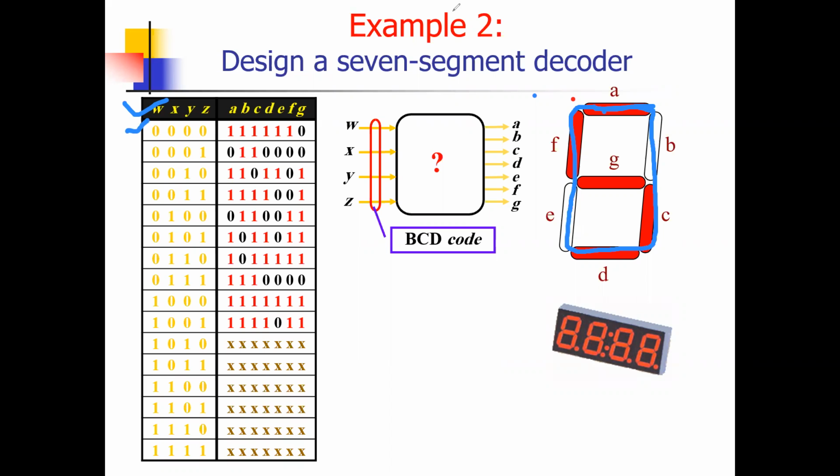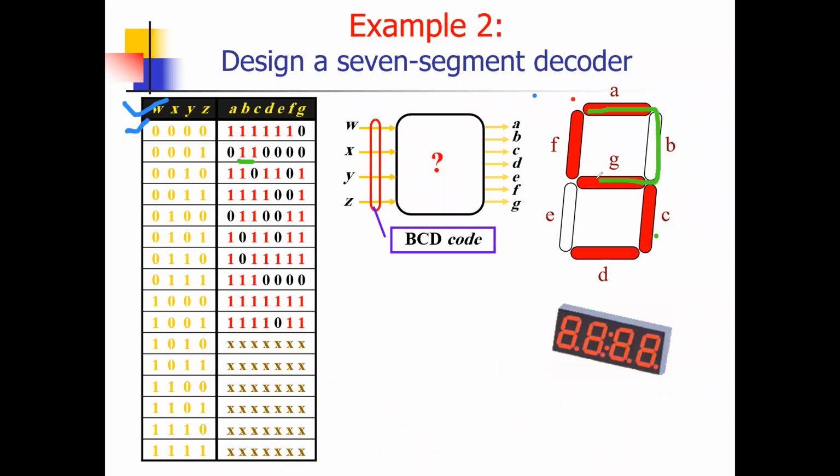I want to represent 1. So how can we represent 1, girls? B and C. So B and C will be 1. Others will be 0. Look. B and C are 1 and the others will be 0. Clear? I want to represent 2. So for 2, what should I do?